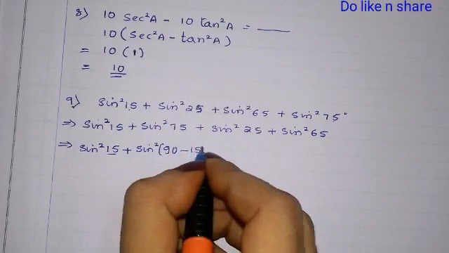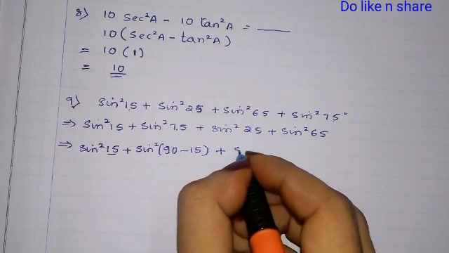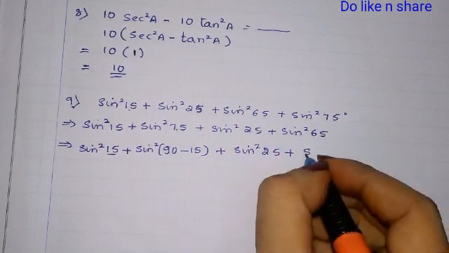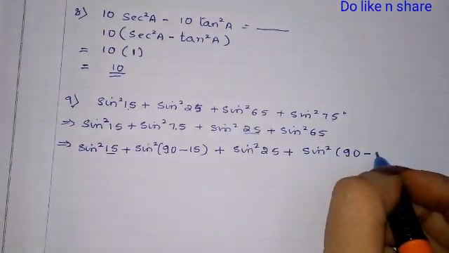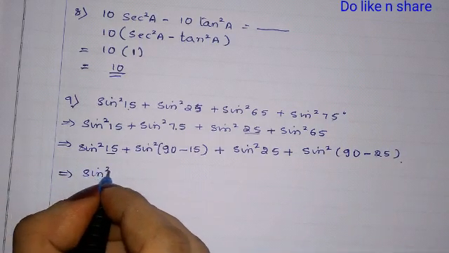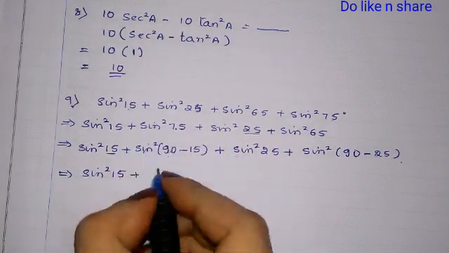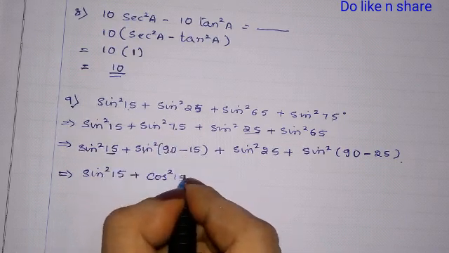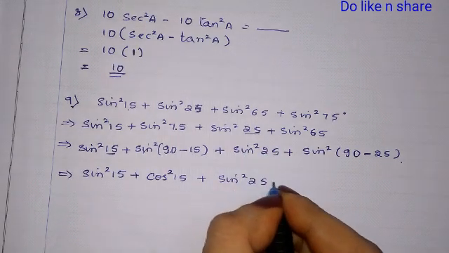The previous number 15, because 90 minus 15 is 75, plus this sine square 25 I'll keep as it is, plus sine square 90 minus the previous number 25. Okay. Now sine square 15 as it is, plus sine of 90 minus becomes cos square 15, plus sine square 25 we will write as it is.